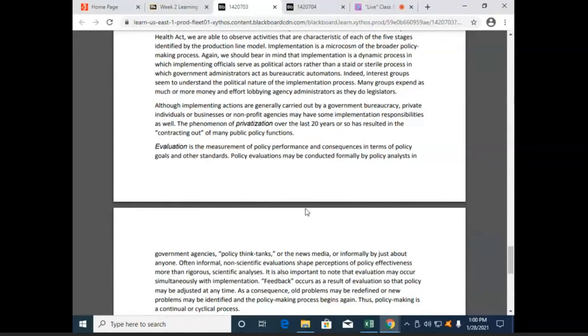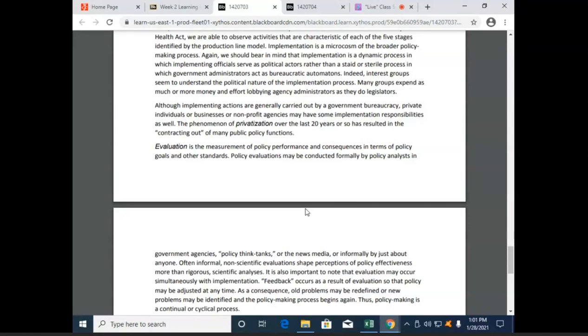I make this point in the primer, so I'm not going to elaborate, but in politics, because remember this policymaking process is thoroughly political, oftentimes it's informal policy evaluations more so than the formal or scientific evaluations that inform further policymaking.